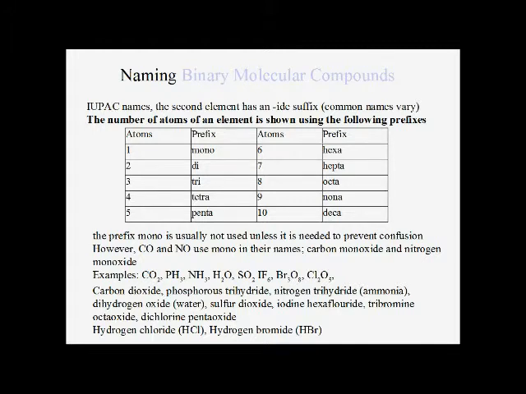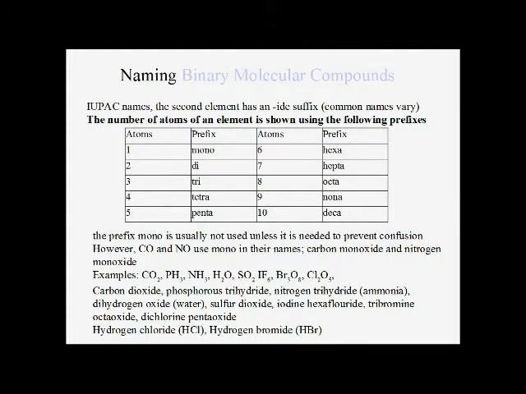NO will be nitrogen monoxide. NO has a Latin name, nitric oxide, so that's another one that you may see. So CO2, carbon dioxide. We don't use the mono on the carbon, but we're using the di on the oxygen, carbon dioxide.